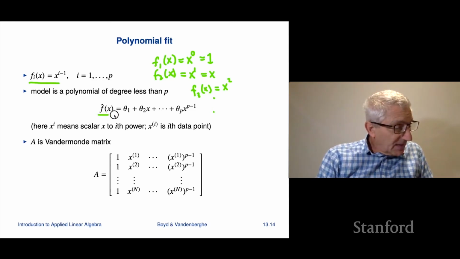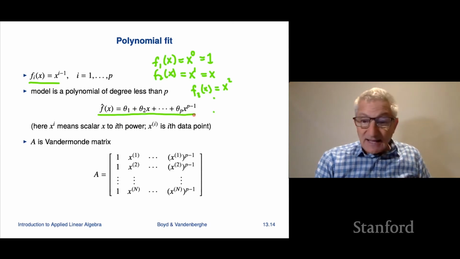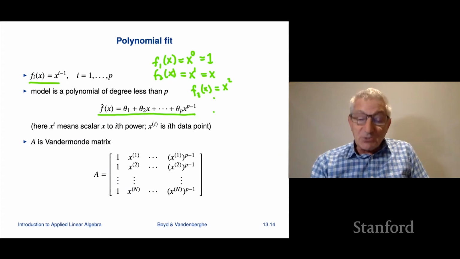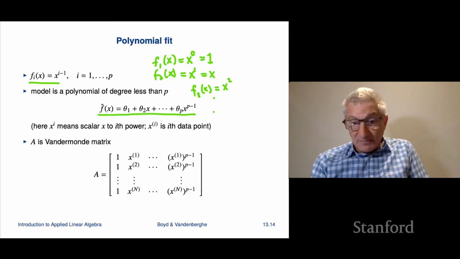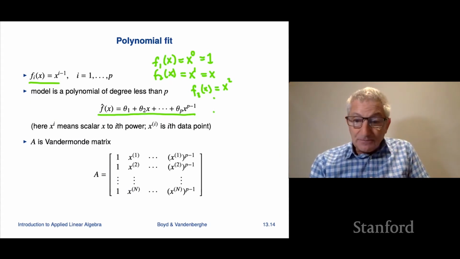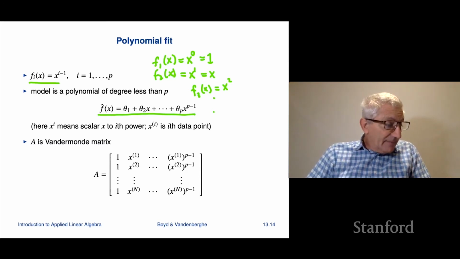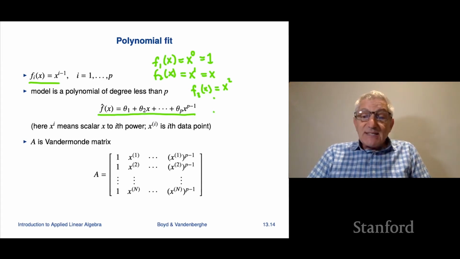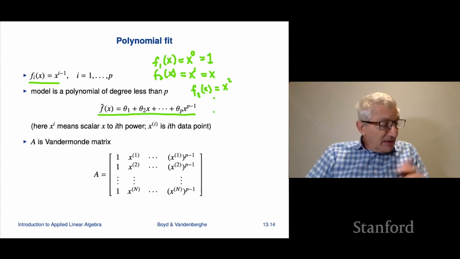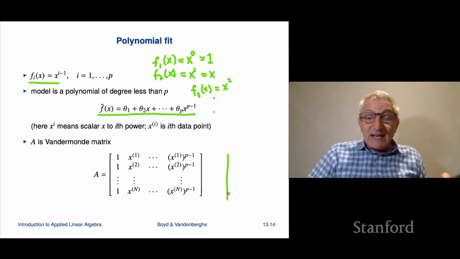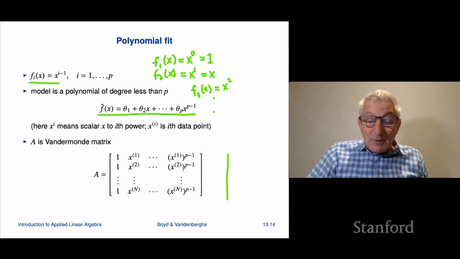So here, f hat is exactly this: theta 1 plus theta 2 x plus up to theta p x to the p minus 1, right? Because I'm taking p to be the number of basis functions I have. So it's just a polynomial. And in this case, the matrix A, which remember, the rows tell you about the different data points, and the columns tell you about the different features.